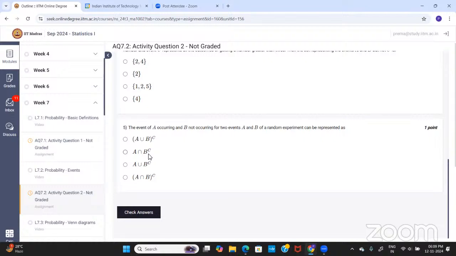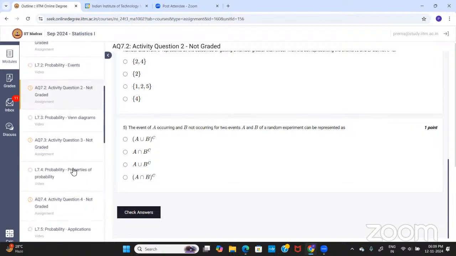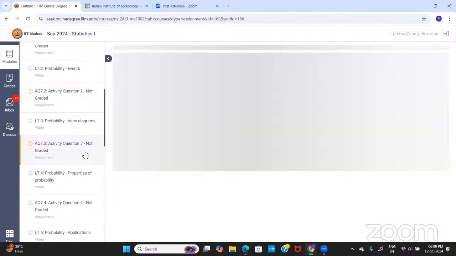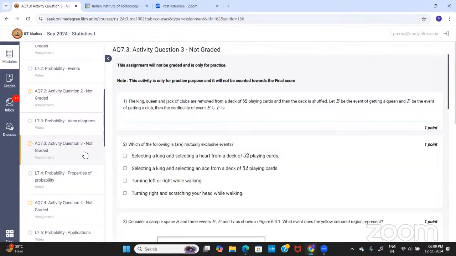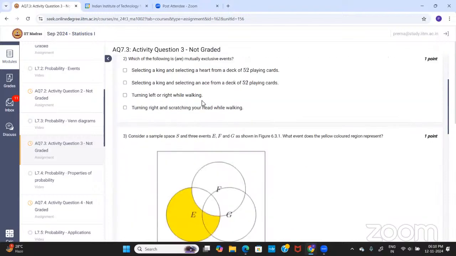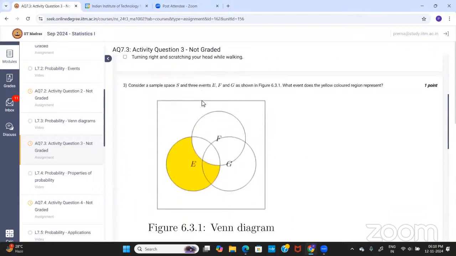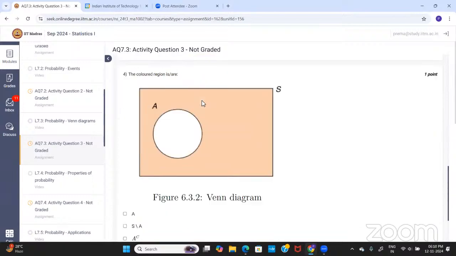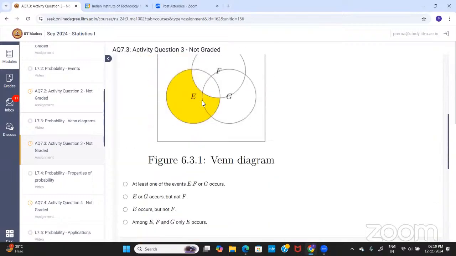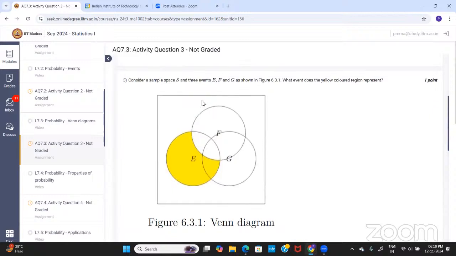Any other question in this? From 7.3, any doubt in this activity? Hello, am I audible?